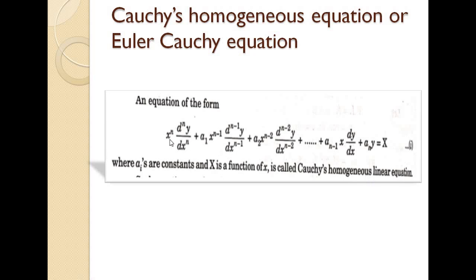Some homogeneity is there: x^n with the nth derivative, x^(n-1) with the (n-1)th derivative, x^(n-2) with the (n-2)th derivative, like that, x with the first derivative, x^0 with the 0th derivative. Some homogeneity is there, though the equation is non-homogeneous. Specifically, this equation is also called Cauchy's homogeneous linear equation or Euler Cauchy equation.